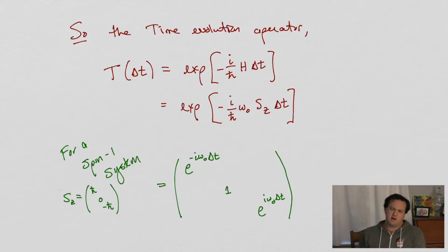And you can see now why the omega naught makes it a nice, pretty little thing to write down. So e to the minus i omega naught times delta t is what appears in that first entry, and I would be going against things that I find very interesting by not mentioning that e to the i omega t is something that we've seen before.